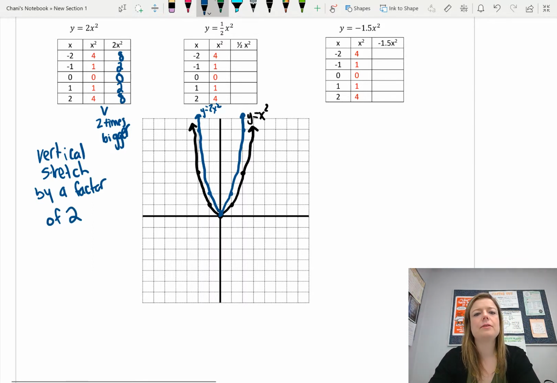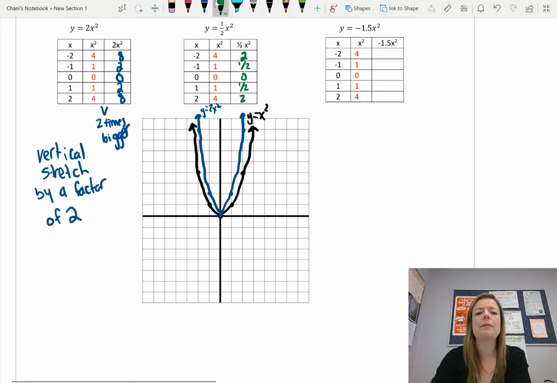Okay, so now let's choose a different color for this. Here we have a half, so this is a compression by a half. We square our x value: -2 squared is 4, and then we multiply it by a half, so it becomes 2. This becomes a half, 0, a half, 2. Again, I'm just taking this x value and running it through this equation.